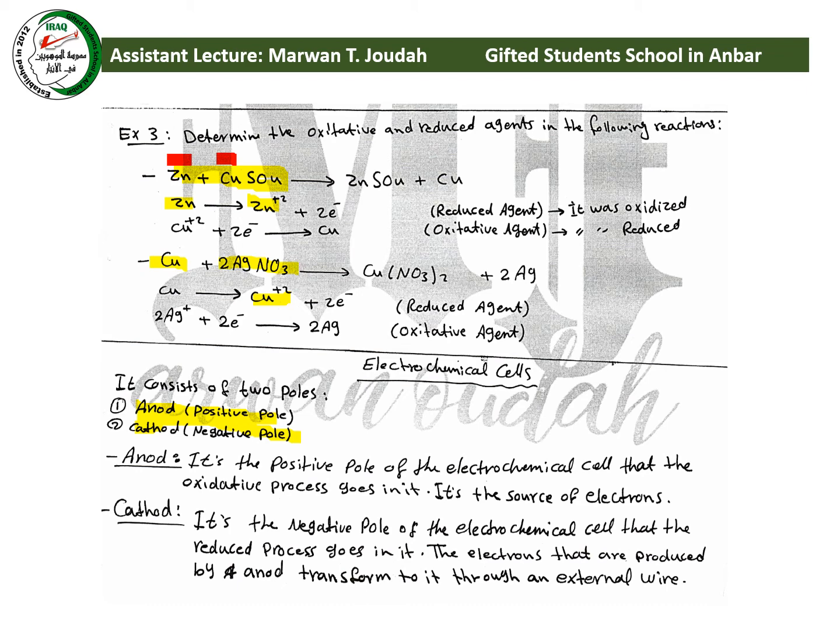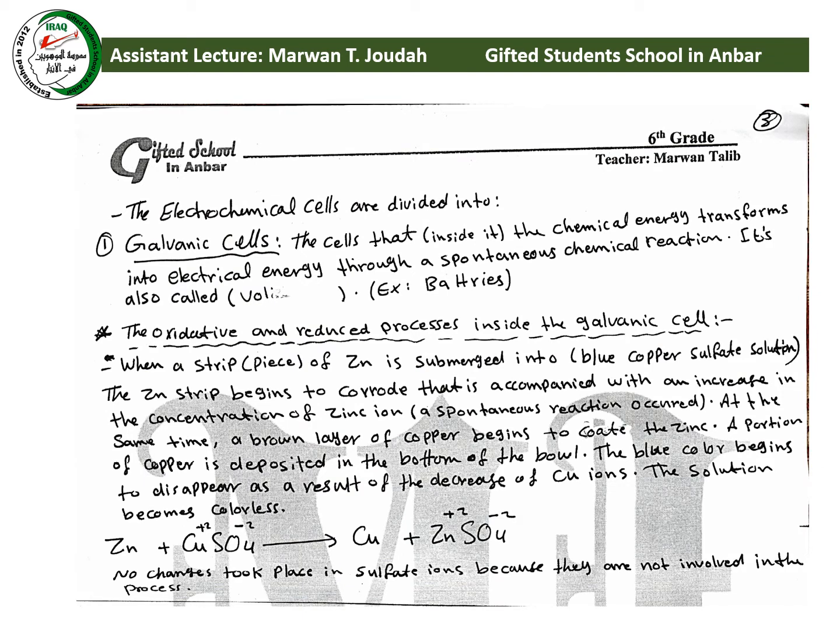We will see that when we study the Daniel cell and the other types of electrochemical cells. The electrochemical cells are divided into galvanic cells or Daniel cells, as we mentioned previously.